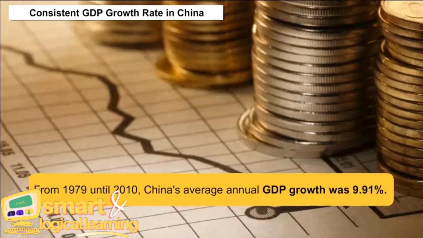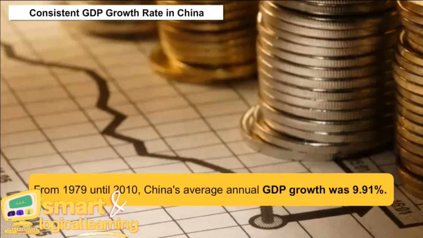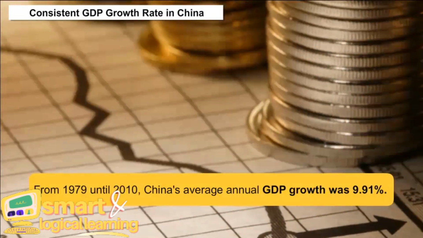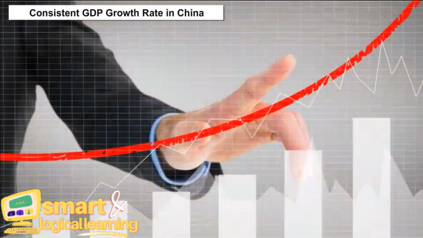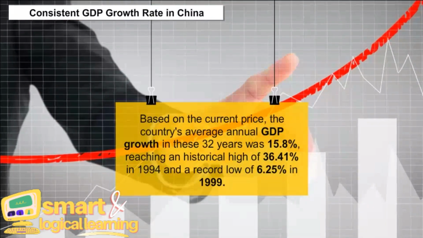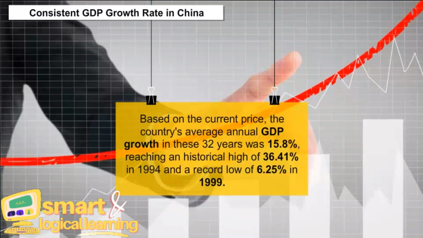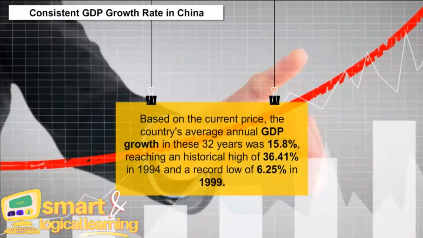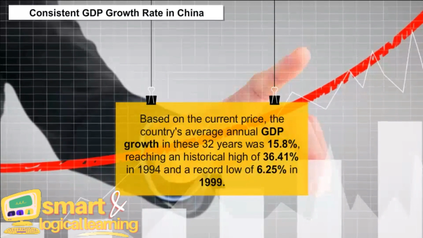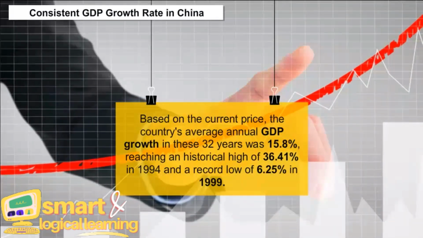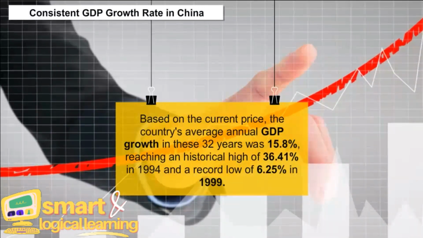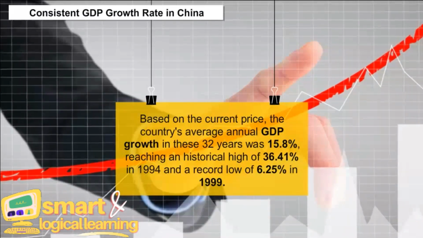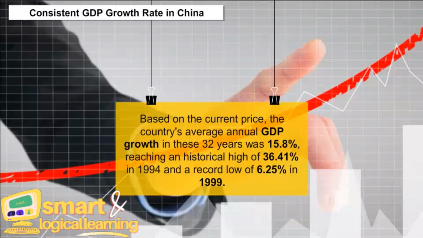From 1979 until 2010, China's average annual GDP growth was 9.91%. Based on current prices, the country's average annual GDP growth in these 32 years was 15.8%, reaching a historical high of 36.41% in 1994 and a record low of 6.25% in 1999.